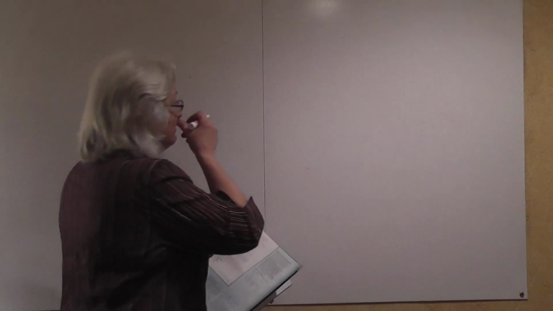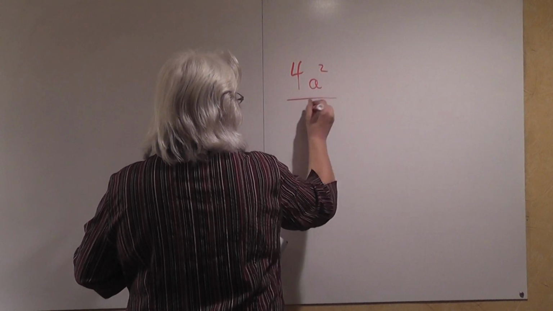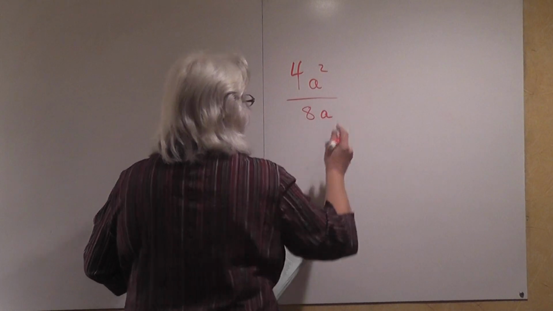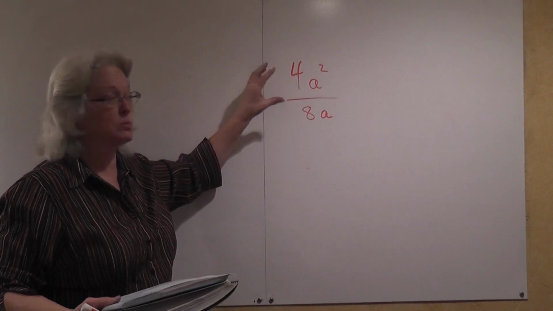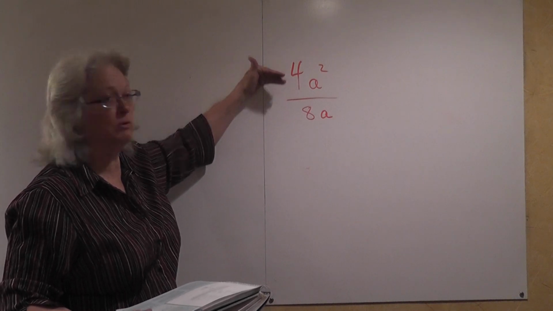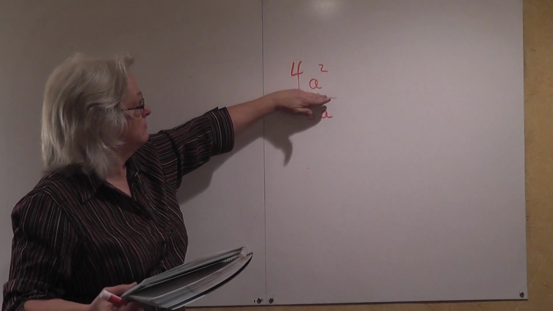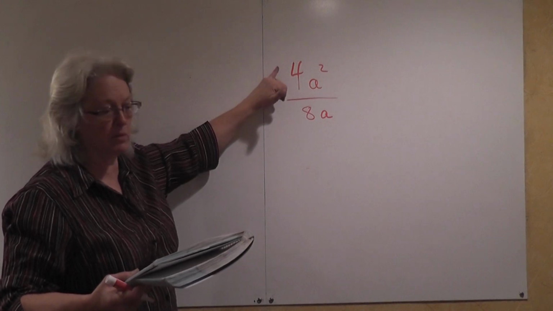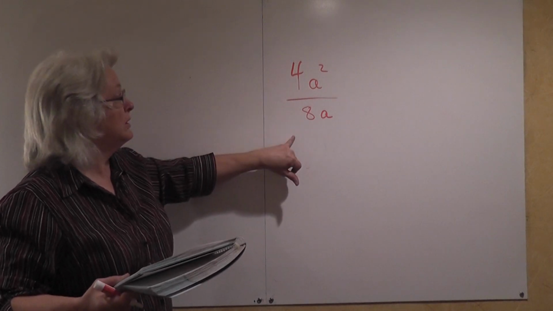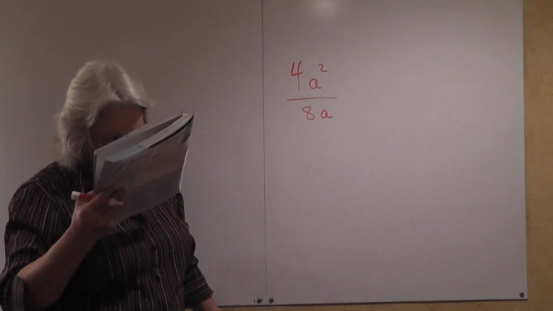Our example here says 4a squared divided by 8a. This is a review of what we've done in the past with canceling, with reducing monomial rational expressions. What factors do we have in common? You have a factor of 4 in common, you have a factor of a in common. That's actually, I think, supposed to be a cube.